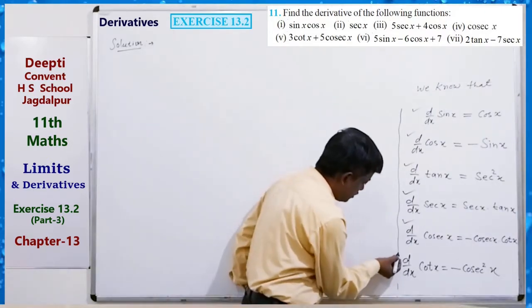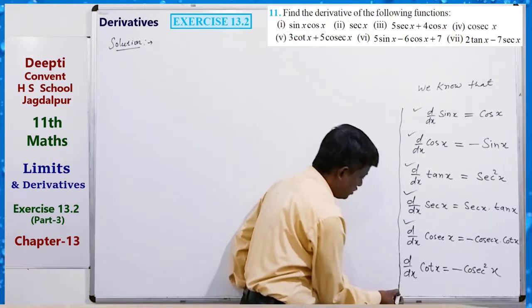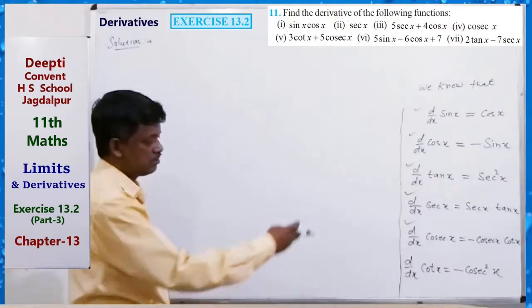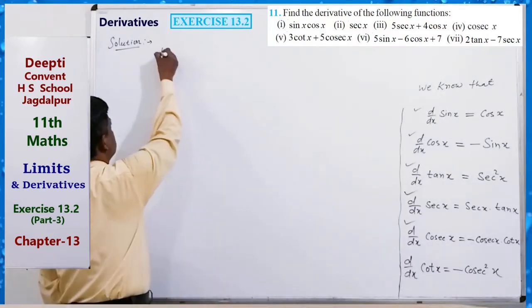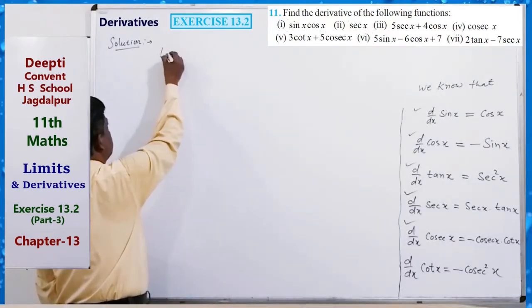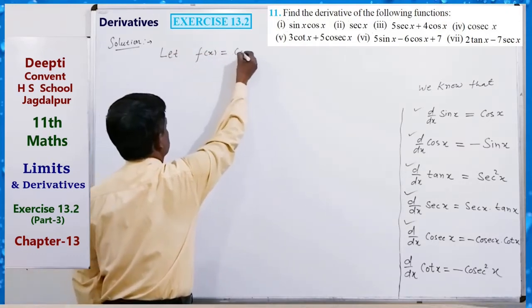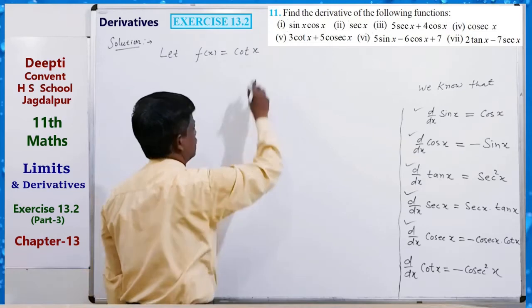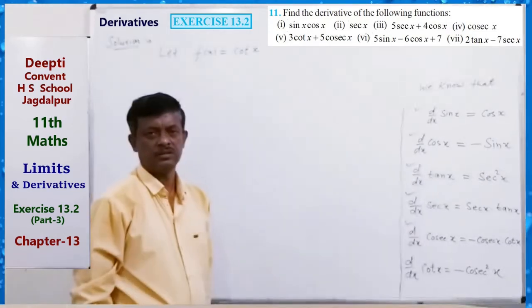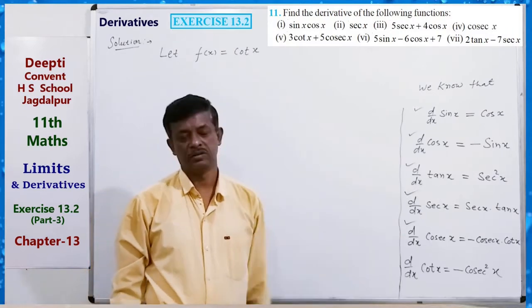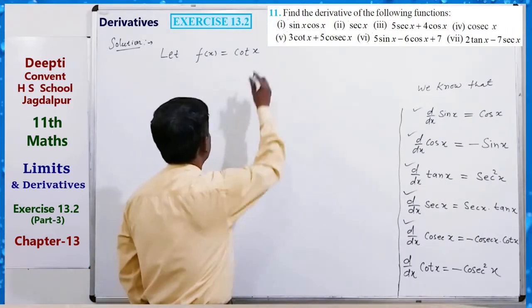Also we can prove the last one. First, let f(x) equal cot x. Let us first establish this formula. Okay, see how we can do it.